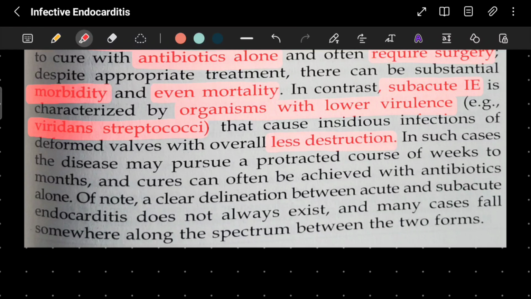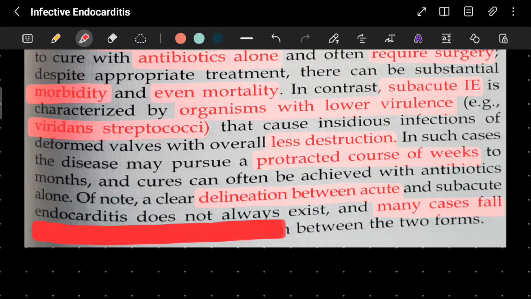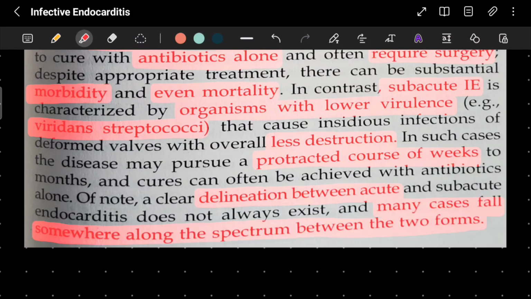In such cases, the disease may pursue a protracted course of weeks to months, and cures can often be achieved with antibiotics alone. Of note, a clear delineation between acute and subacute endocarditis does not always exist. Many cases fall somewhere along the spectrum between the two forms.